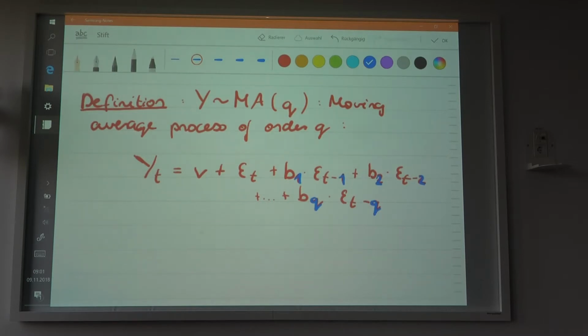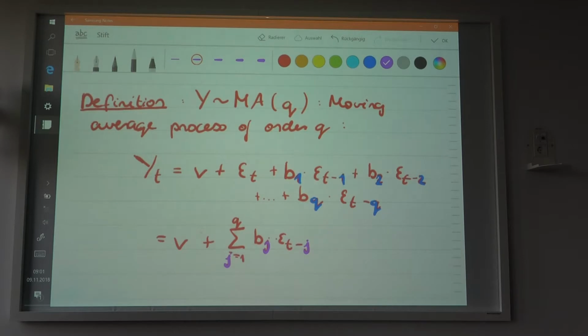Now the properties of that process are relatively easy to examine. I can also write this in terms of a sum, so basically you have a sum that goes from j equal to 1 to q of bj times epsilon t minus j. That's how you represent the process.